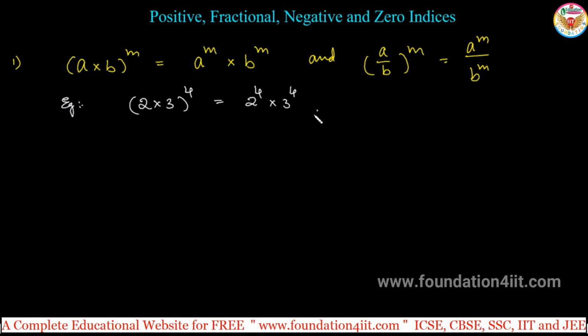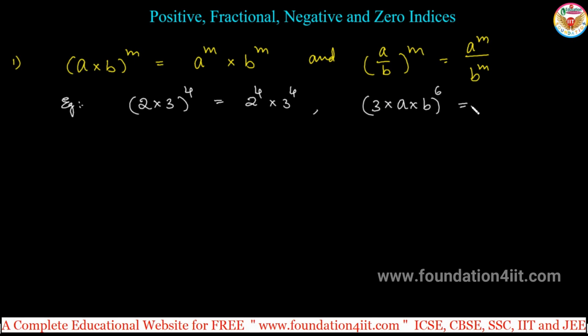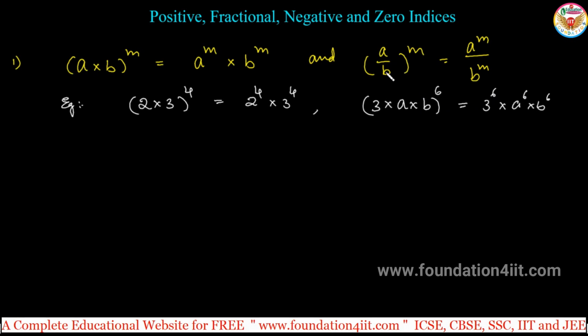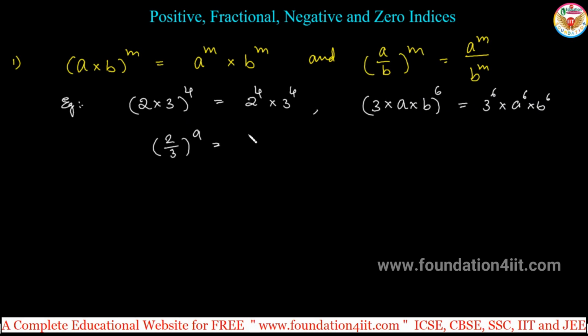Not only 2, any number, like 3 into a into b whole to the power 6. We can write this separately: 3 power 6, a to the power 6 and b to the power 6, and so on. Same way division also, like 2 by 3 whole to the power a. We can write this as 2 to the power a by 3 to the power a, right?